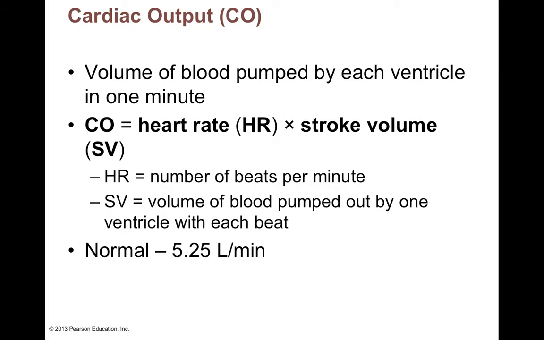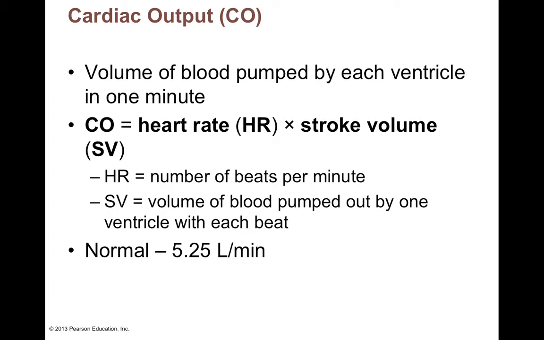Stroke volume is volume per beat. And the way you calculate stroke volume is EDV minus ESV. So the amount of blood that filled the ventricle minus the amount of blood that remains in the ventricle equals the amount of blood that your ventricles pumped out. That's your stroke volume. So if you take the number of heartbeats in a minute, multiply that by blood per beat, you get blood per minute, which is cardiac output.